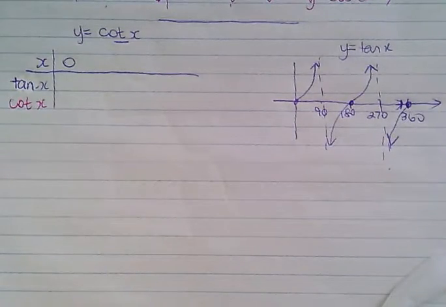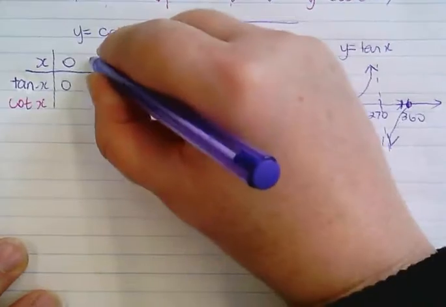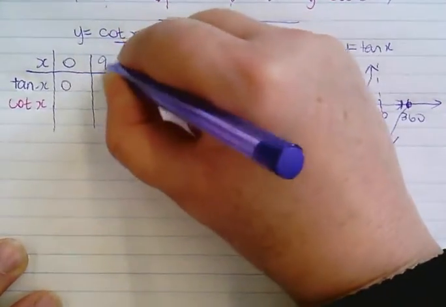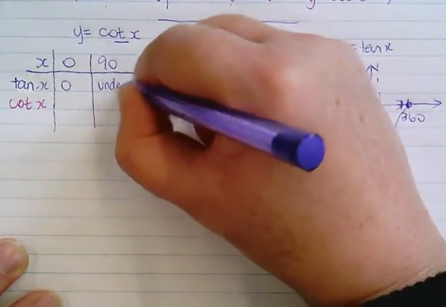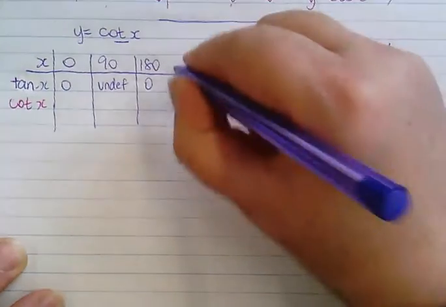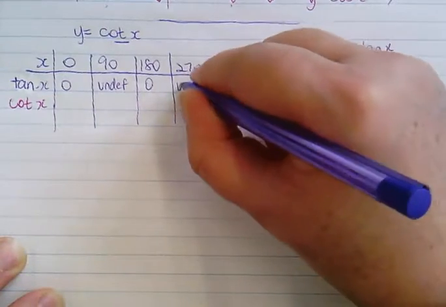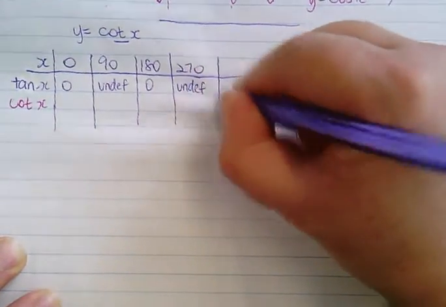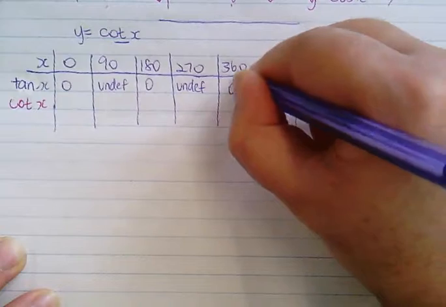Okay, so tan of 0 is 0. Tan of 90 is undefined. Tan of 180 is also 0. Tan of 270 is undefined. And tan of 360 is 0.